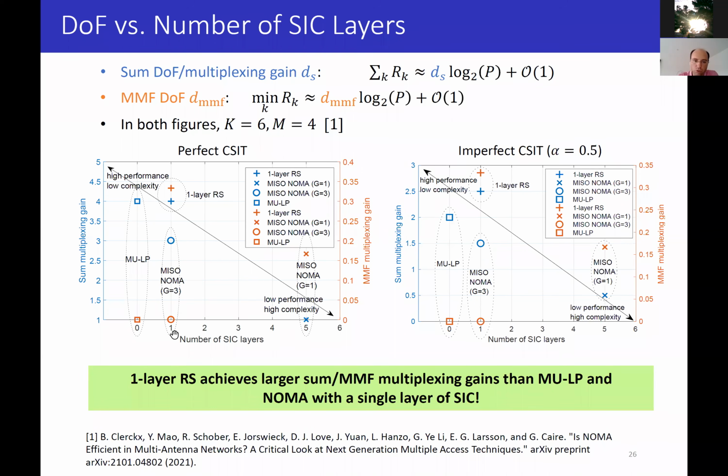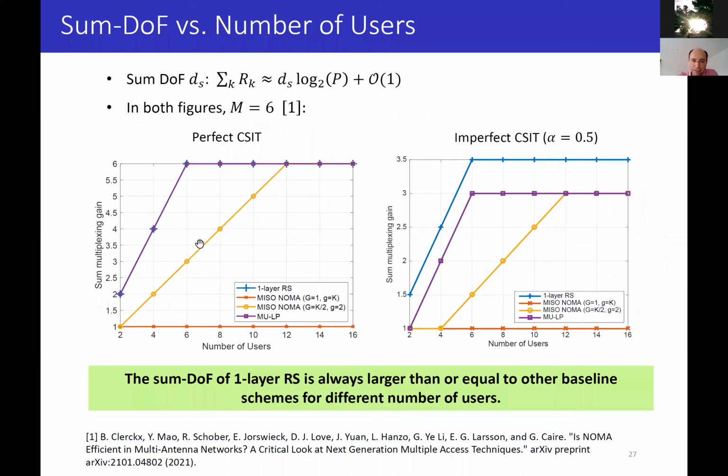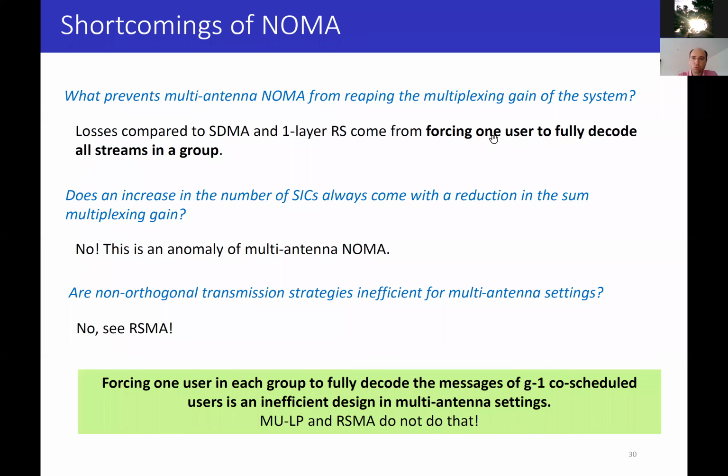That's rather awkward. We increase the complexity of the receiver, the least we would expect is a better performance, the same DOF or an increase in DOF. Here we have the exact opposite. And so this is again an anomaly of multi-antenna NOMA. It comes from the fact that we force one user to decode the message of other users.